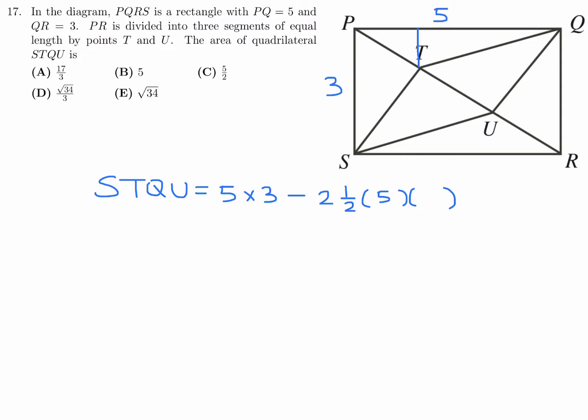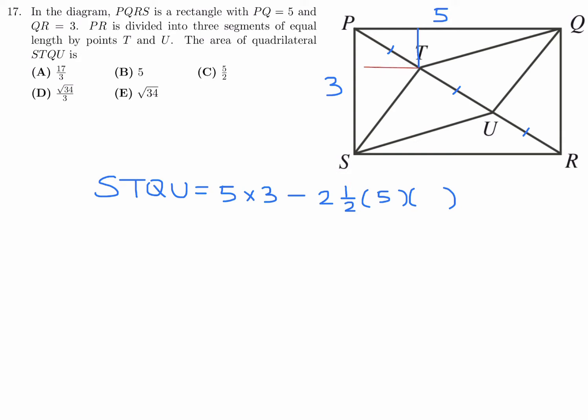But what about the height? This distance from there to there, what is that? Well, this sentence is what's going to help us determine that. PR is divided into 3 segments of equal length. So that means that this and this and this are the same, they're a third. So if you were to draw lines from there to there, they would chop the other part into thirds.